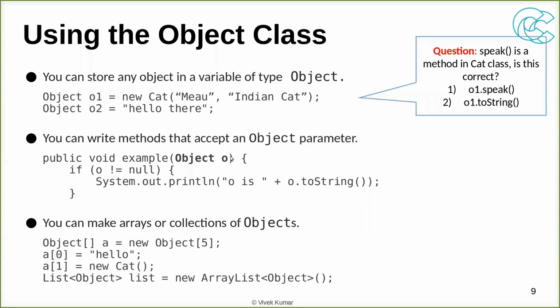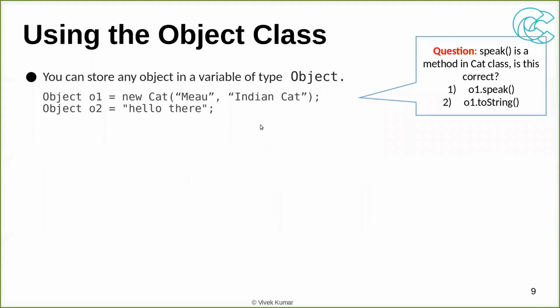Okay, so we have seen this in the previous lecture: you can use your superclass to refer to the instance of a subclass. Since Object is the superclass for every class, you can say Object o1 equals new Cat, because even Cat would have inherited from Object.